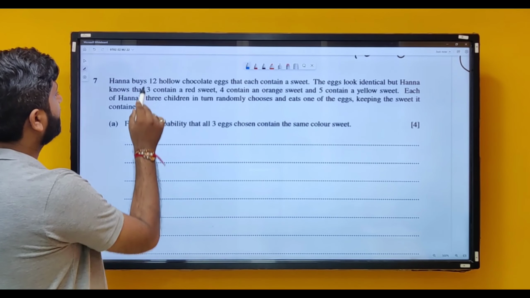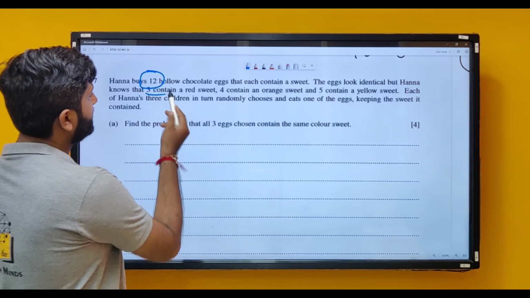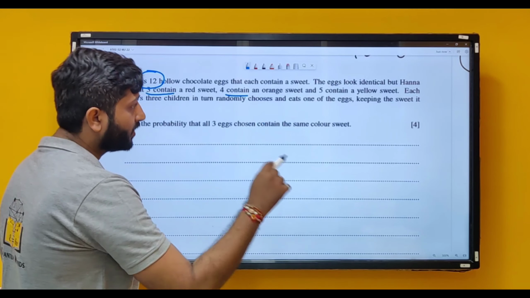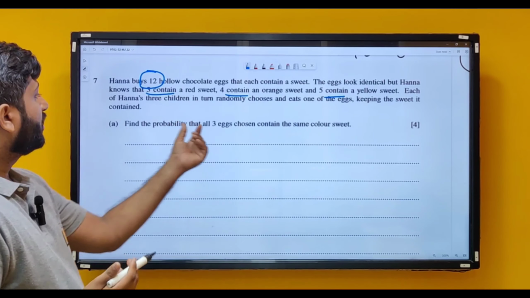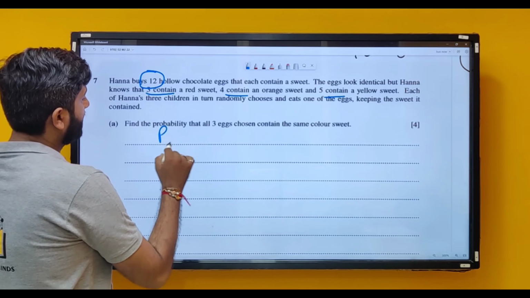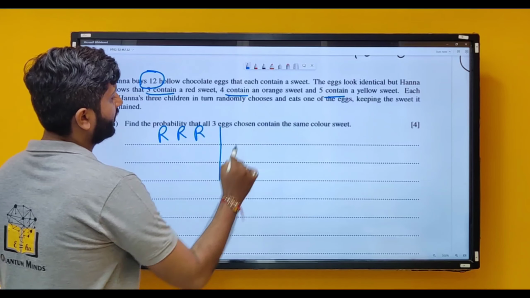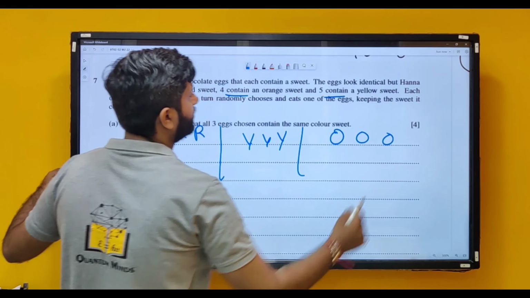Okay. So I have 12 eggs in total. Out of them, 3 contain a red sweet, 4 contain an orange, and 5 contain a yellow sweet. So all the 3 eggs chosen contain the same sweet, which means red, red, red, or yellow, yellow, yellow, or orange, orange, orange.